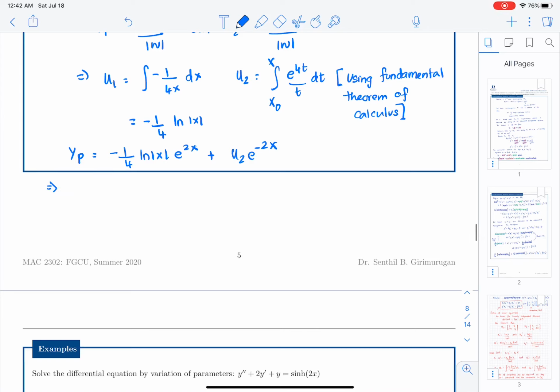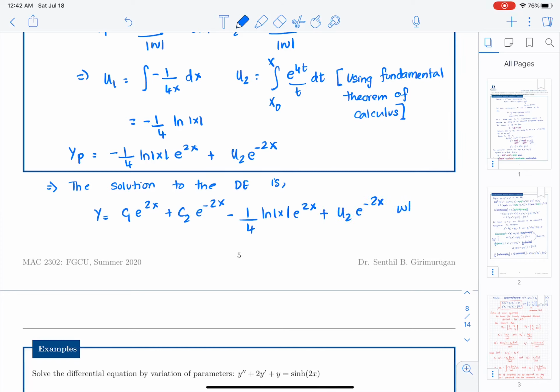So the solution to the DE is y equals c1 e^x plus c2 e^(-2x), minus 1/4 ln of x e^x, plus u2 e^(-2x), where u2 is the integral from x naught to x of e^(4t) over t dt, or you can simply write it as the integral of e^(4x) over x.